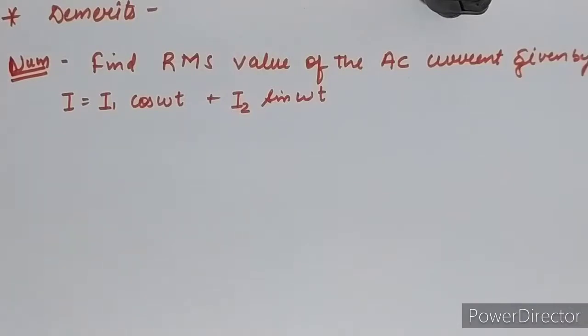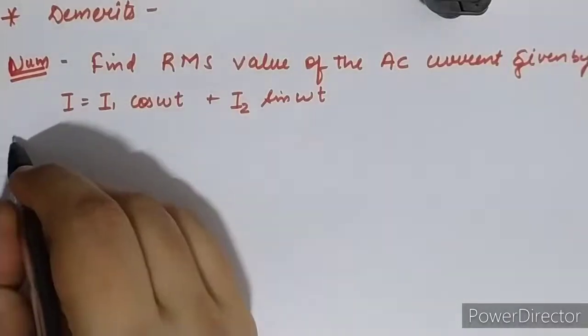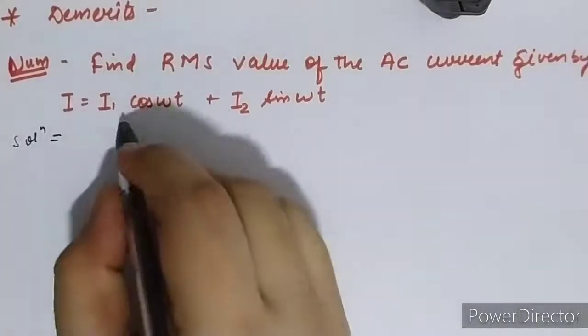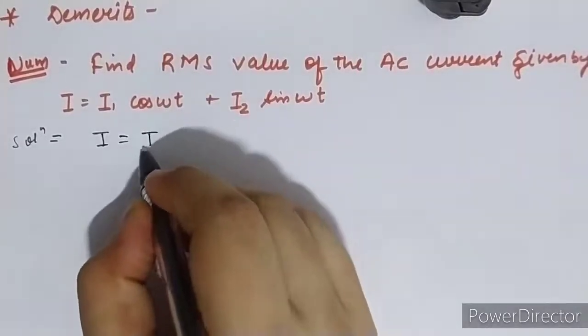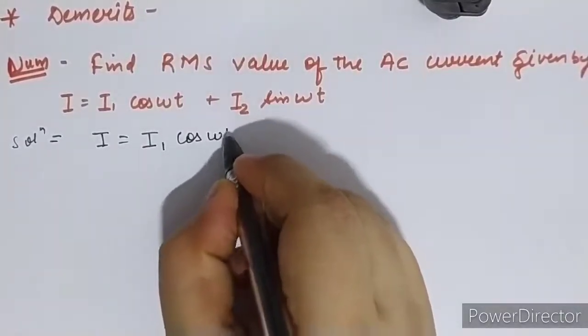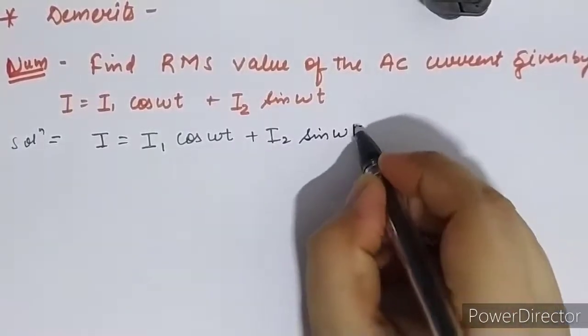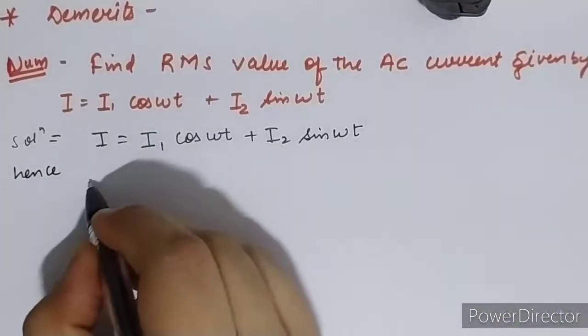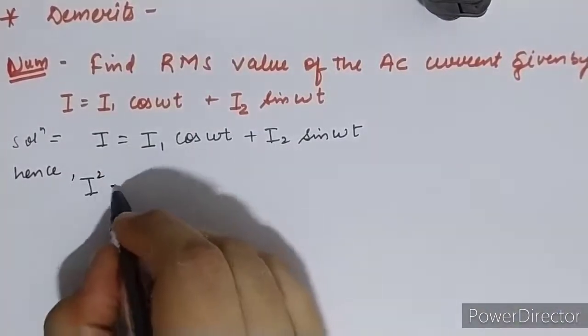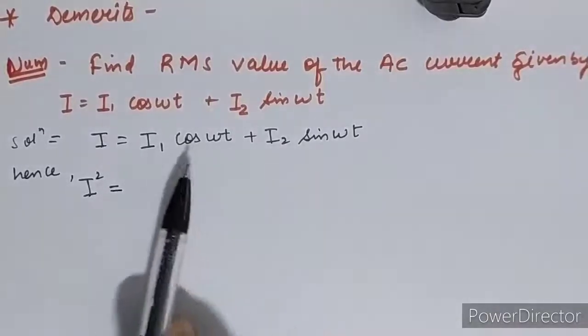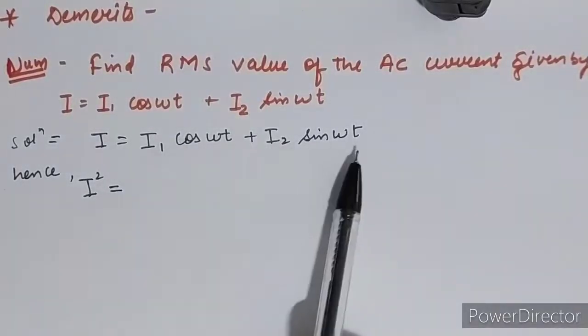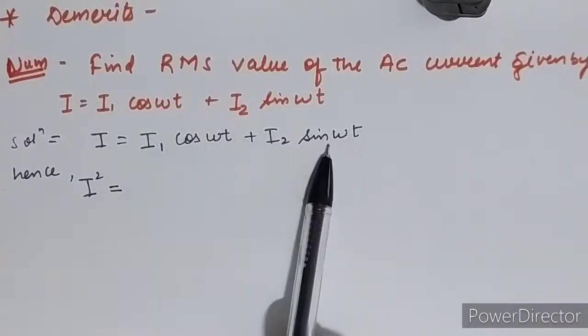So first of all, we have to make its square. IRMS means square, mean and root. We know the term very well. So in the solution, the value of I is I1 cos omega t plus I2 sin omega t. Hence first we will do the square. a plus b to the whole square is a square plus b square plus 2ab.